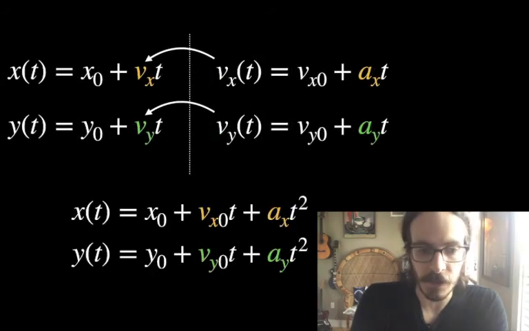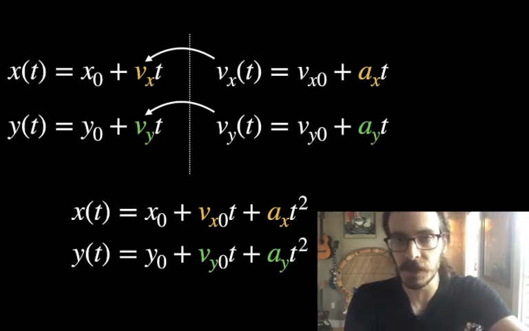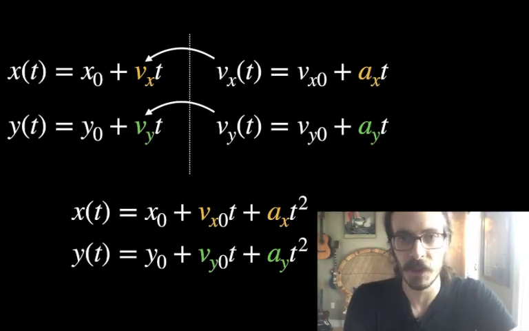And when you do that, you get these polynomial equations. So you have the initial position, velocity times time, and then the acceleration times time squared. But the sets of equations on top are the ones that we're going to be using, and they're exactly equivalent to the ones on the bottom.